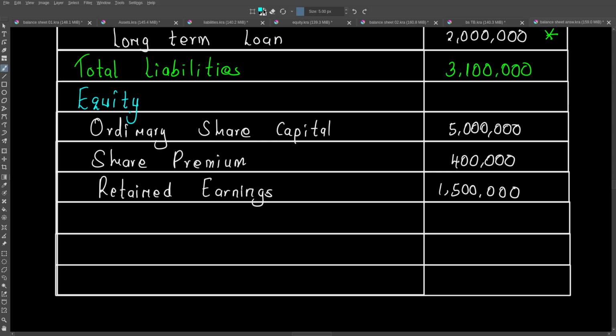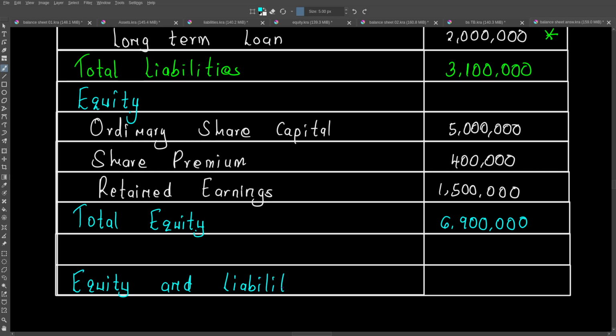So what is going to be our total equity? Our total equity is basically 6.9 million. To check that the assets are equal to equity plus liabilities, we need to have equity and liabilities.